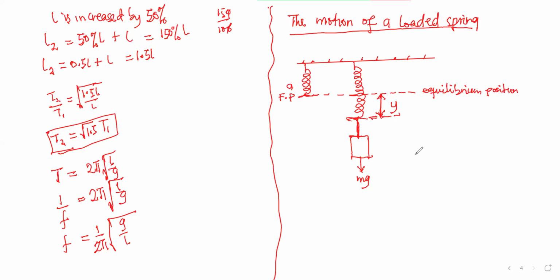Now springs are such that the moment you put a load, it will be oscillating back and forth. It will be moving up and down about this point, the equilibrium position. So repeated up and down movement of it. This is what I mean by oscillating up and down when you suspend a load.